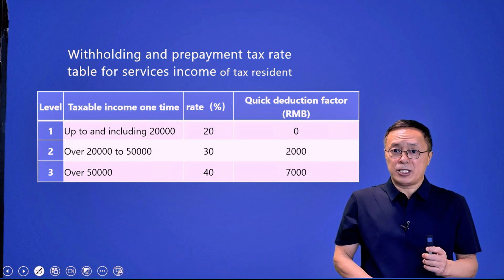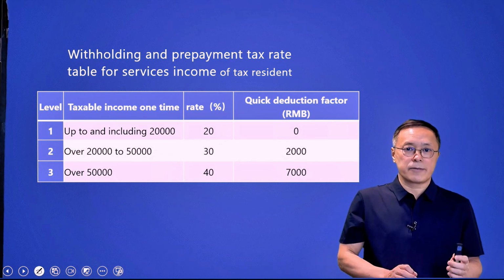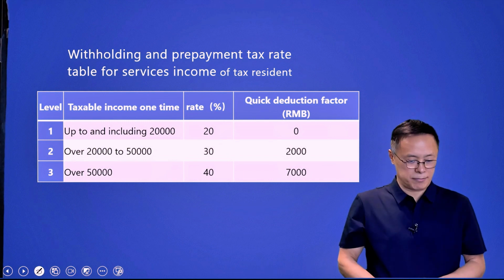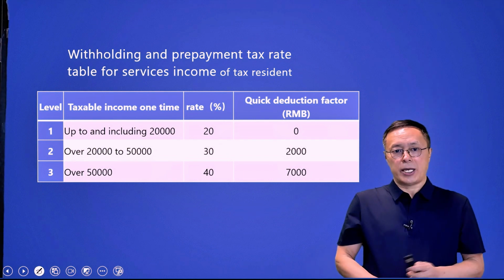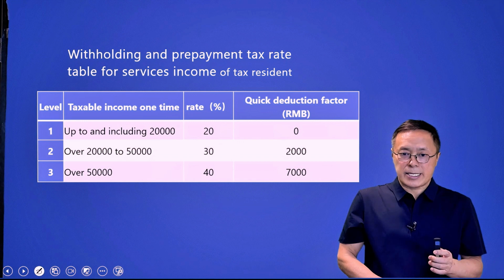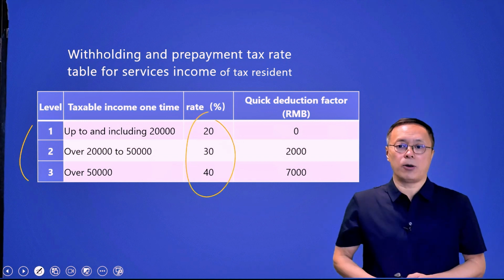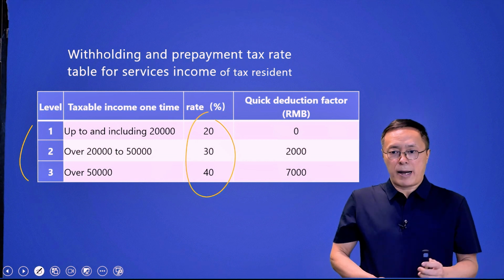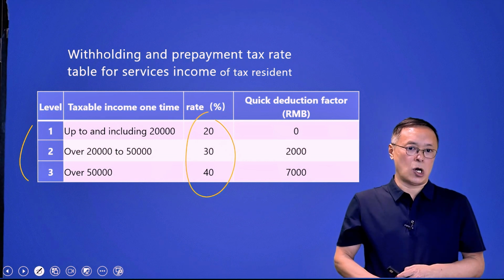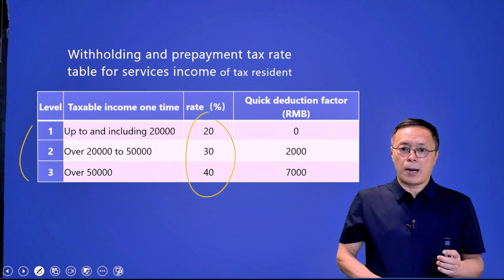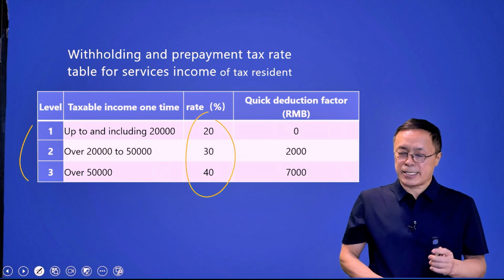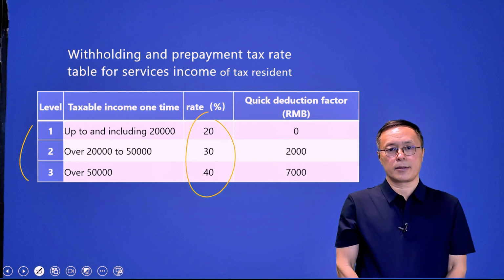Here is the withholding and prepayment tax rate table for services income of tax resident. We've known that it's a three-level progressive tax rate table. We've talked about it in Chapter 3. Now, we have an example about provisional withholding on services income.